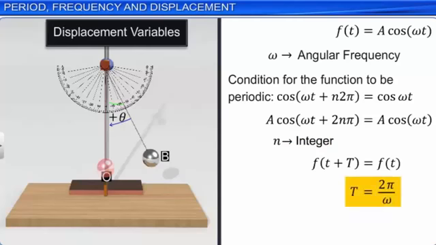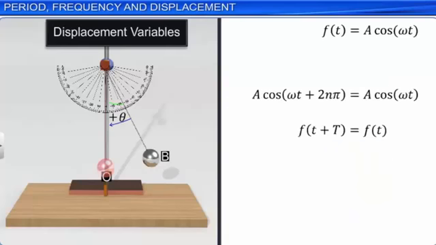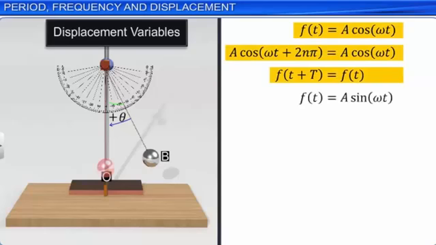The function f(t) = a sin ωt is also a periodic function, which implies that a sin(ωt + 2nπ) = a sin ωt. A linear combination of two periodic functions is also periodic.